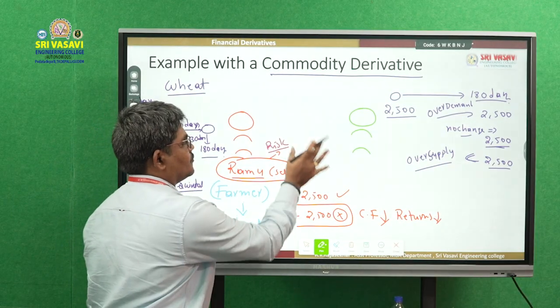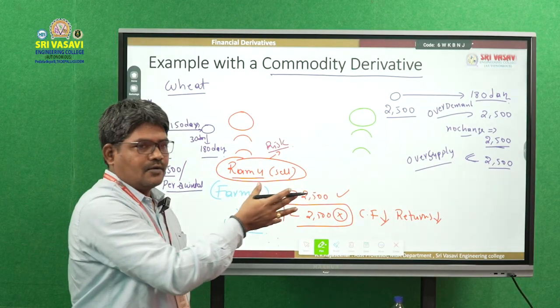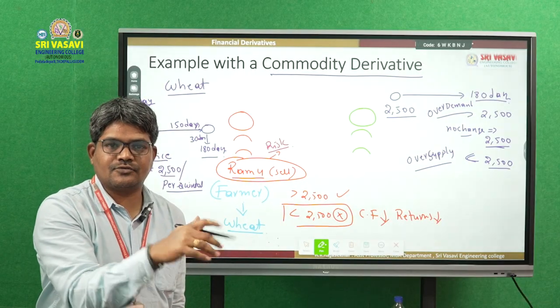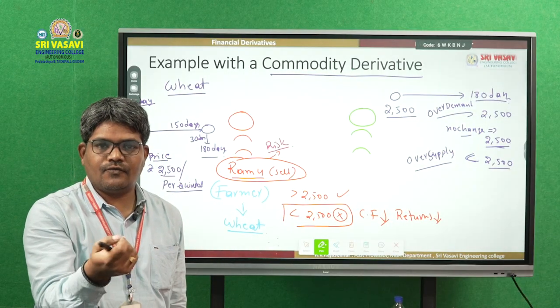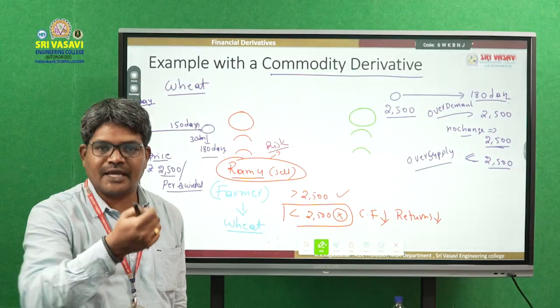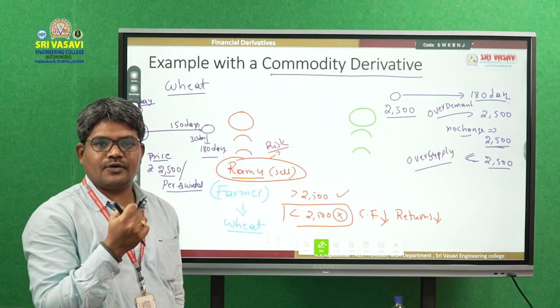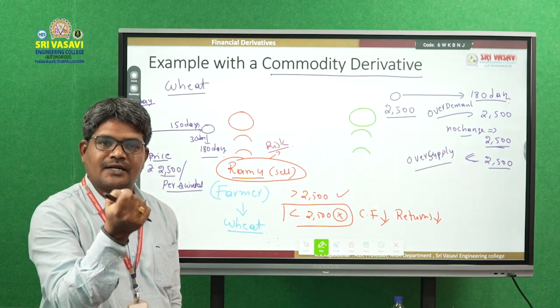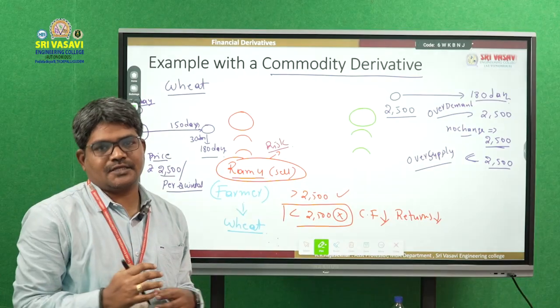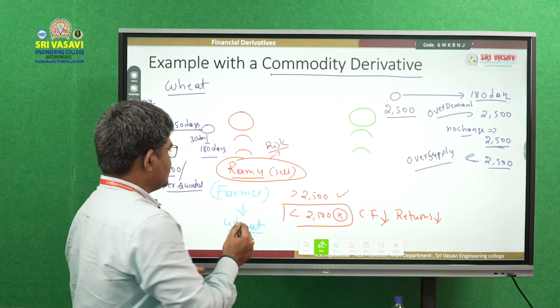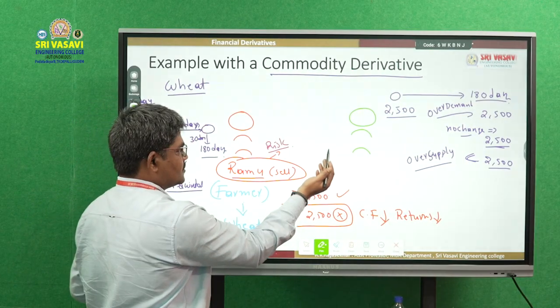Ramu is searching for certain parties, certain institutions, companies or factories, like wheat flour factories, meaning atta making factories. The atta making factories may purchase the wheat in bulk.